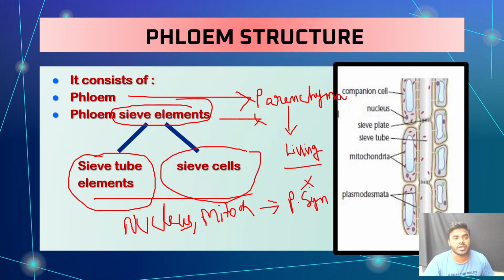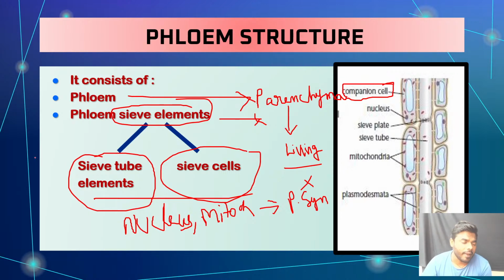Now you will get a doubt, sir, for the protein synthesis they are dependent on what? So for the protein synthesis, phloem sieve tube elements are dependent on a specialized cell. What do you call that particular specialized cell? Companion cell. Please kindly don't confuse with this.